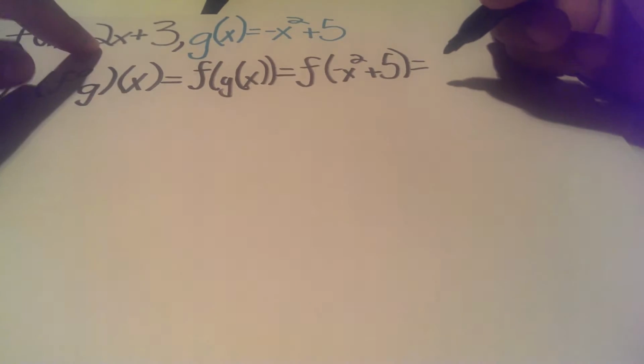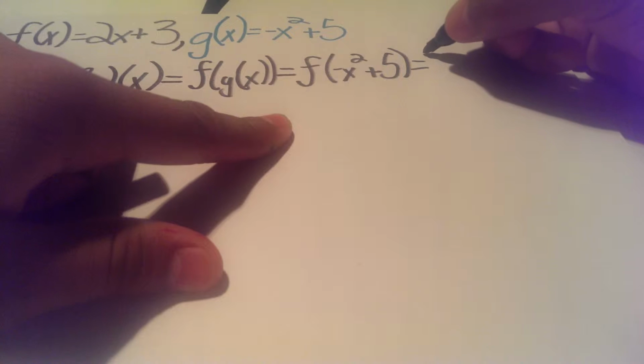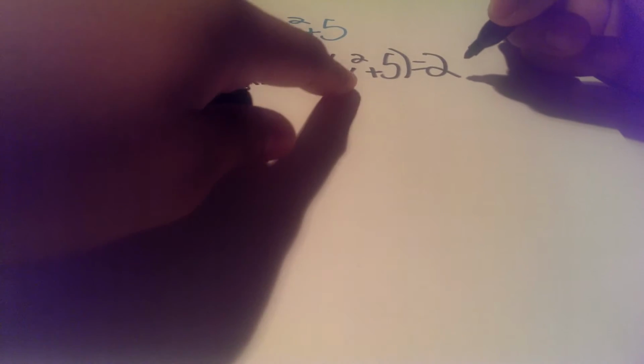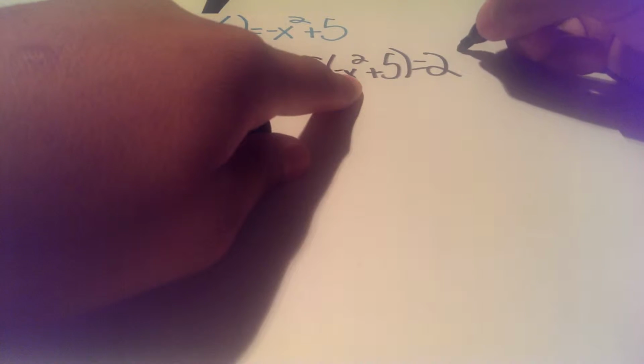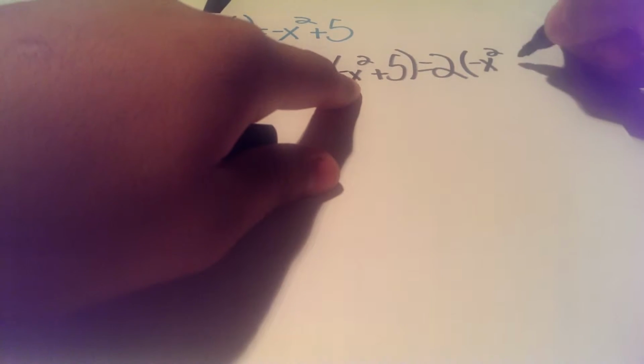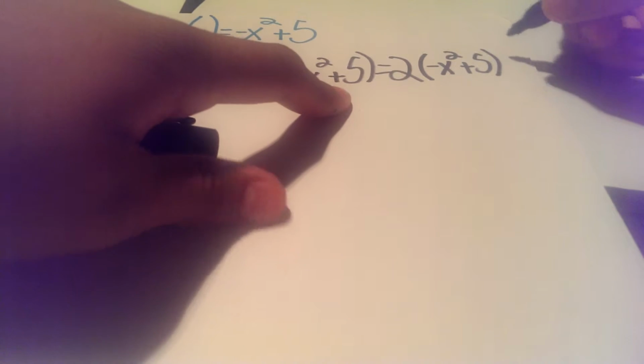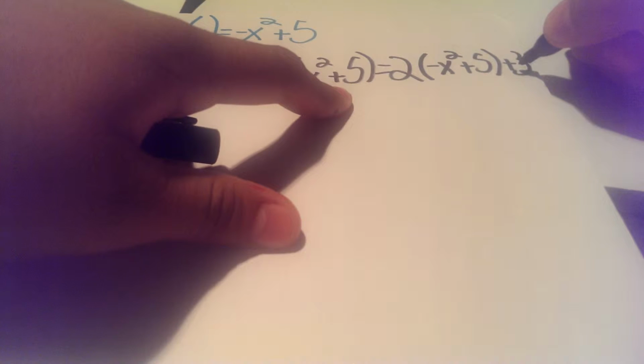So once we get to this, the basic equation of f of x is 2x plus 3. Since this is the value of x, we start a parentheses, and x will be replaced with negative x squared plus 5, close parentheses, plus 3.